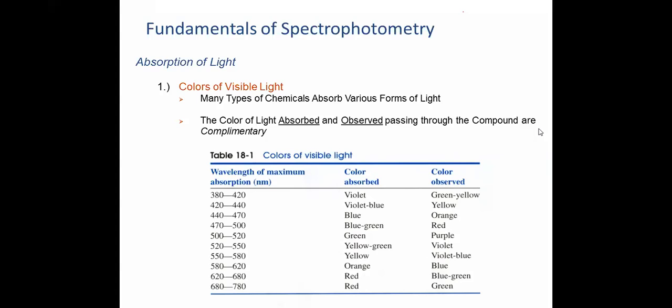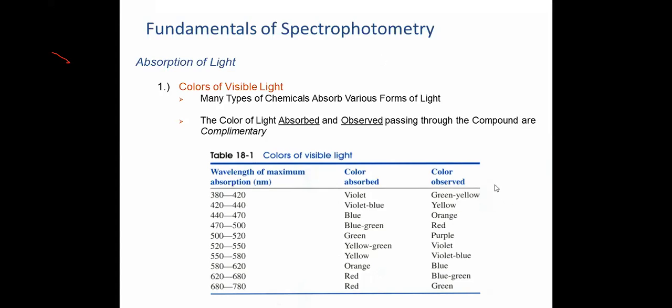So the wavelength of maximum absorption, say for example 380 to 420. The color which shows its absorption is a violet one, and the color observed is a green yellow color. So many times, instead of printing the same wavelength number on the filters, just simply the color is mentioned.